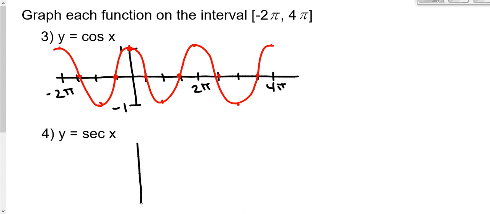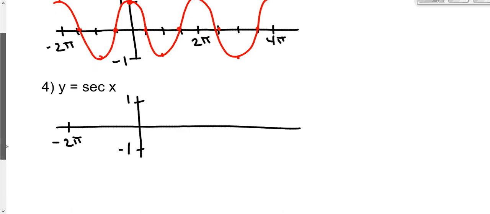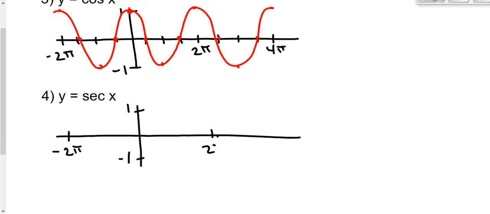And then secant, the reciprocal of cosine. Label everything. Split those intervals into 4 equal chunks. Everywhere that cosine had a 0, secant has a vertical asymptote.